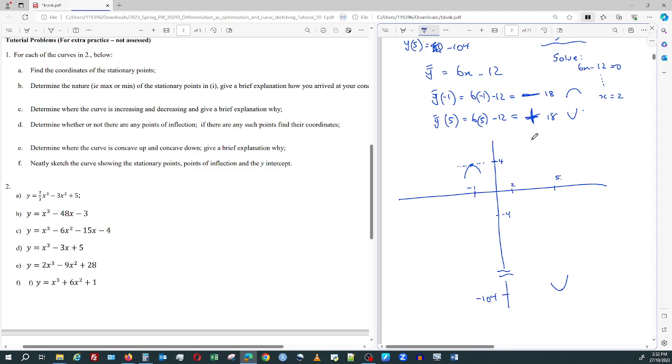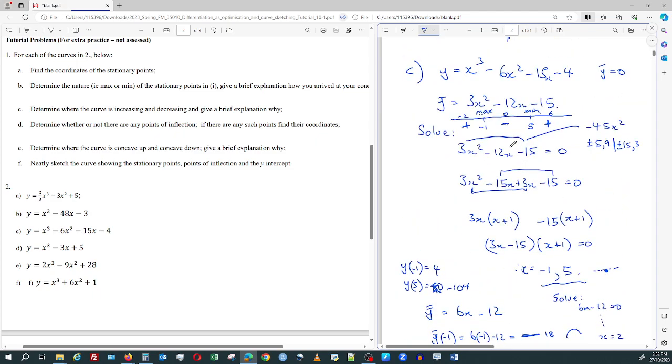And 2 into the main picture up the top. Once again, 2 cubed is 8. Y at 2 we need. So 2 cubed is 8. Minus 2, 2's a 4, 6 is 24.